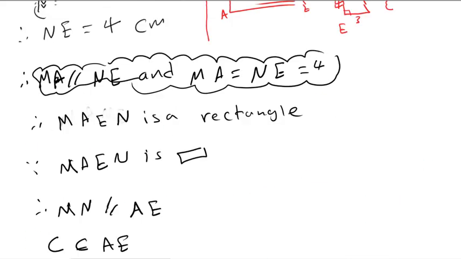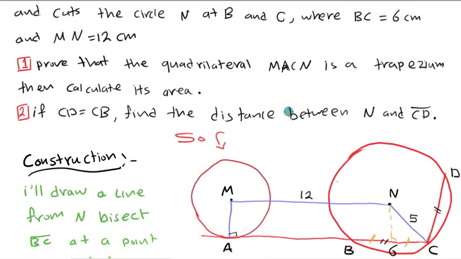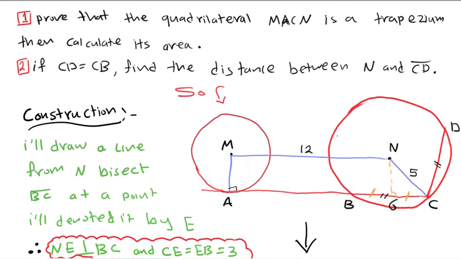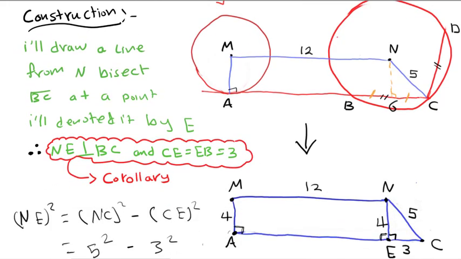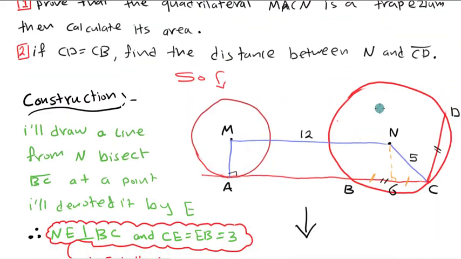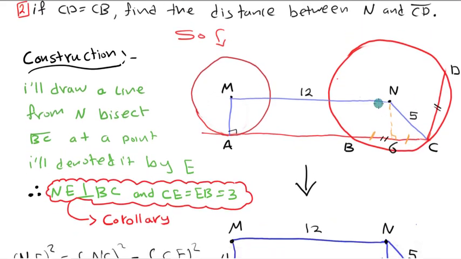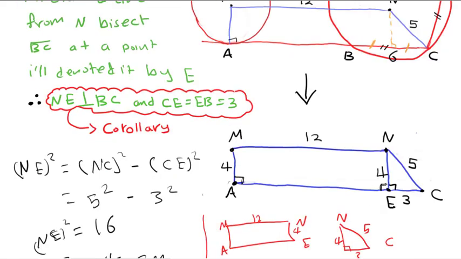The second requirement: if CD equals CB, find the distance between N and CD. What can I do here? I will draw a part of the main figure.